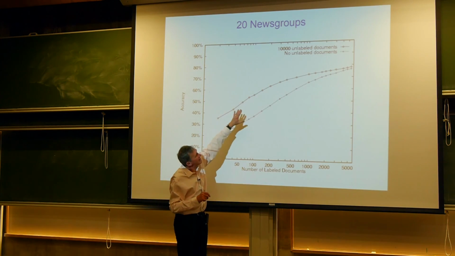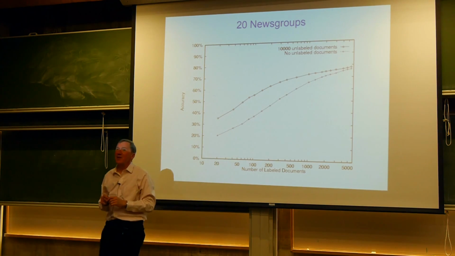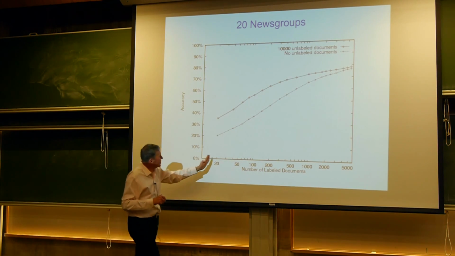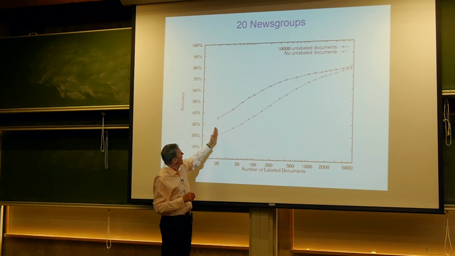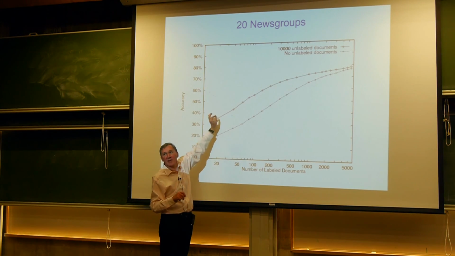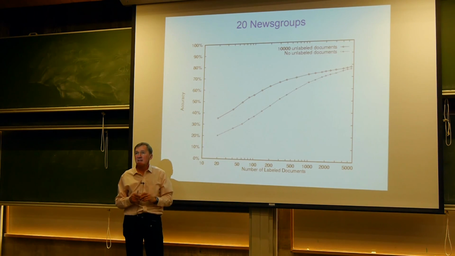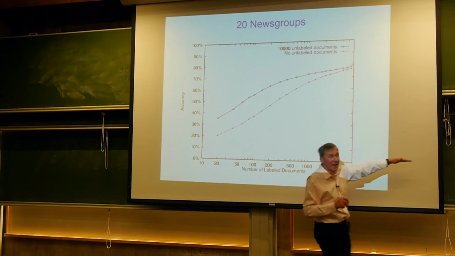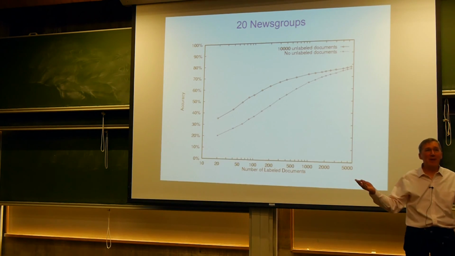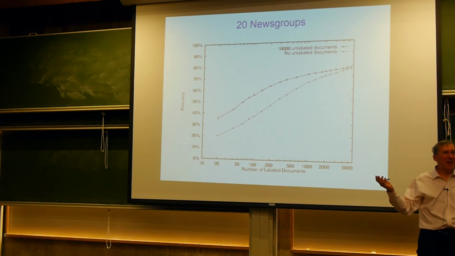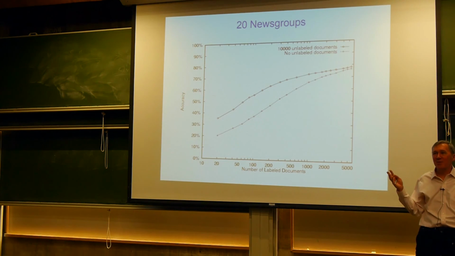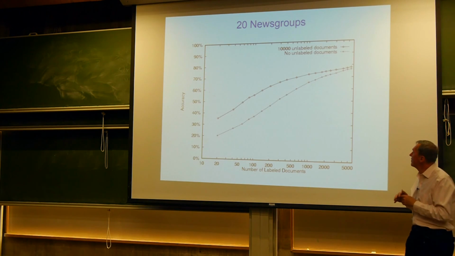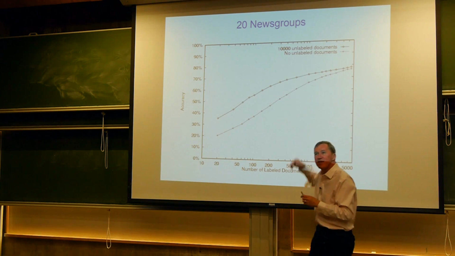So you can see this is a typical curve you will see for EM: if you don't have too much labeled data, then EM can be a very valuable way of making use of unlabeled data. But of course, if you have infinite labeled data, then you're going to learn the best naive Bayes classifier possible anyway, and the unlabeled data doesn't really help you. This is a very typical kind of result.